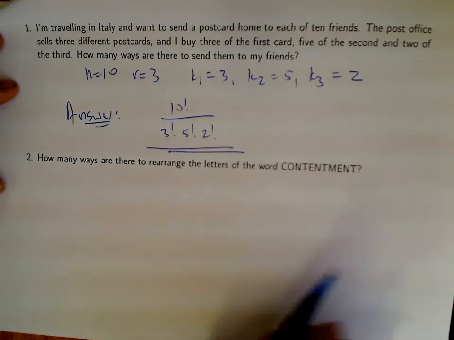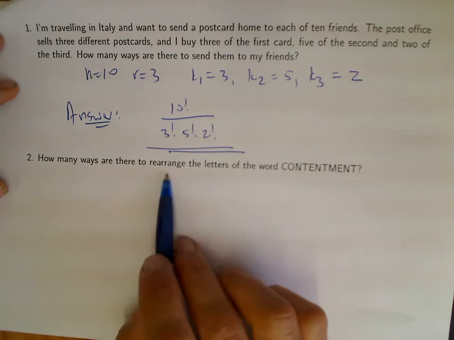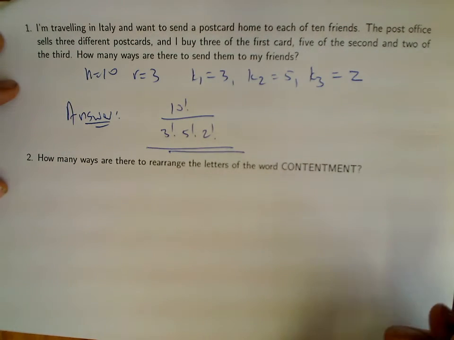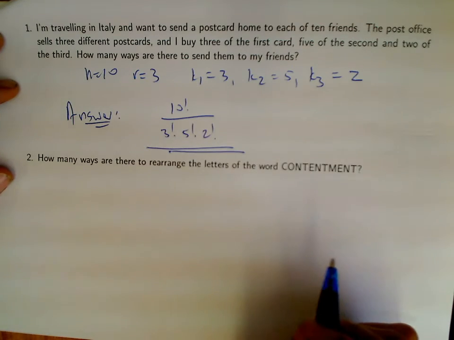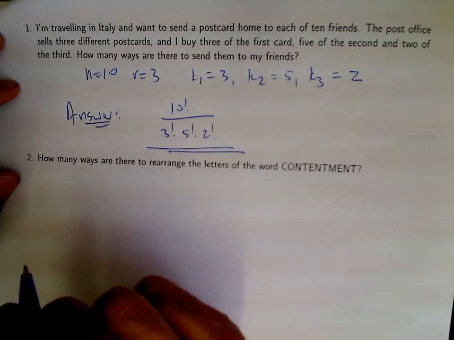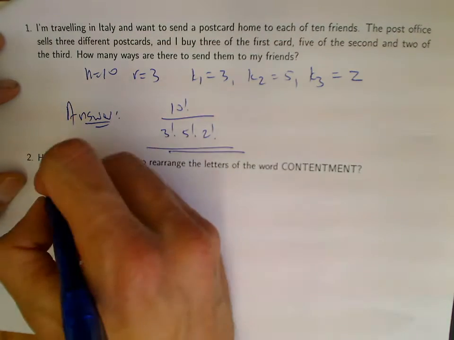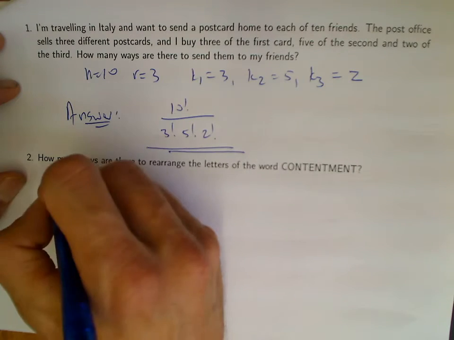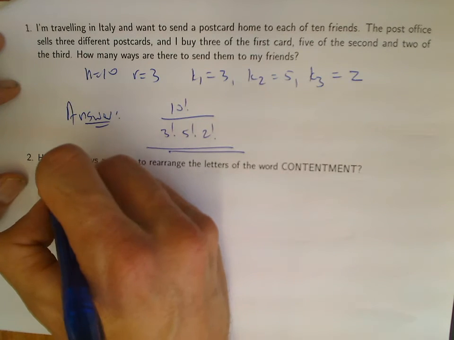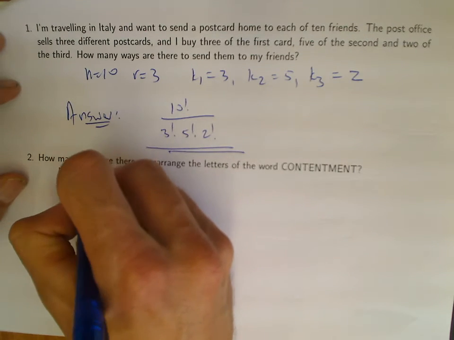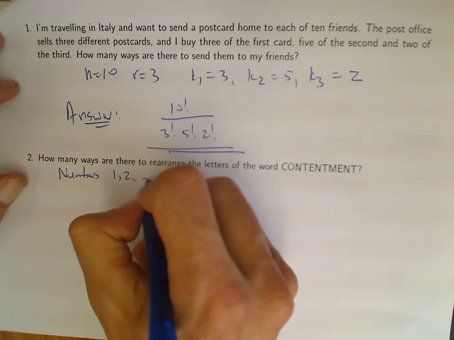Alright, so the second question is, how many ways are there to rearrange the letters of the word contentment? So this is a classification problem too. Let's think of the numbers 1 up to 11.